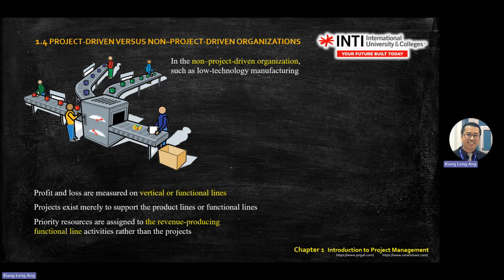Priority resources are assigned to the revenue-producing functional line activities rather than the projects. So if you are in the non-project organization, your resources will go to those making money, the functional line. If the sales department makes money, then more resources will be pumped into marketing and sales.